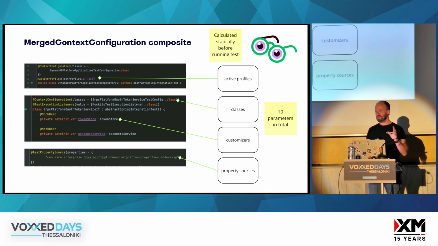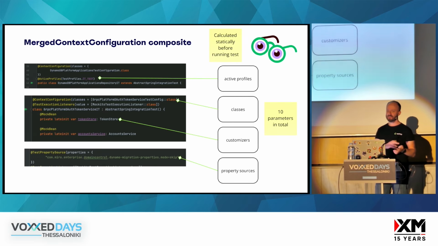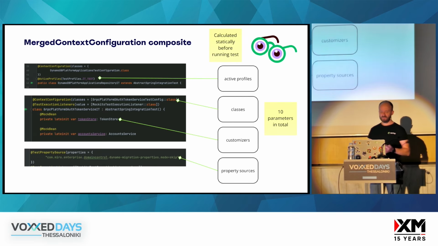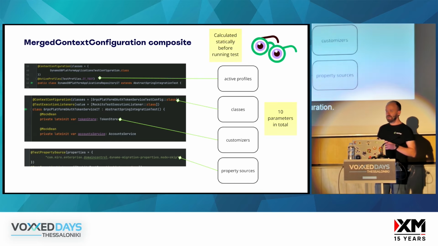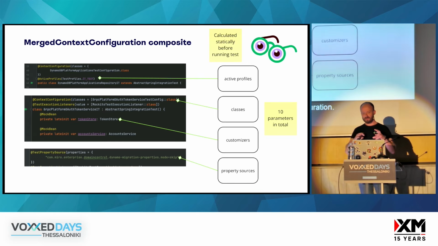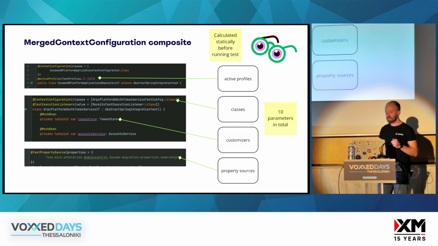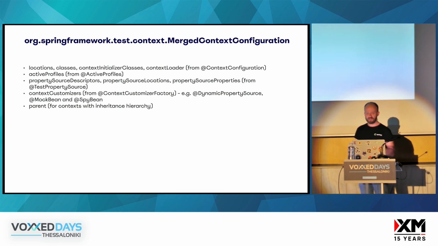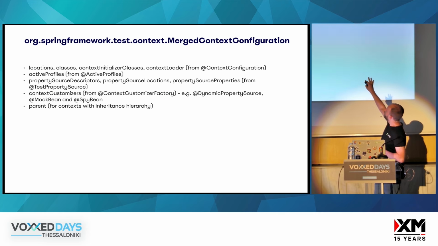What does it mean? It's usually checking some annotations like ContextConfiguration, ActiveProfiles, TestPropertySource, and a few others. And all these meta parameters are aggregated into a single object which is called MergedContextConfiguration.